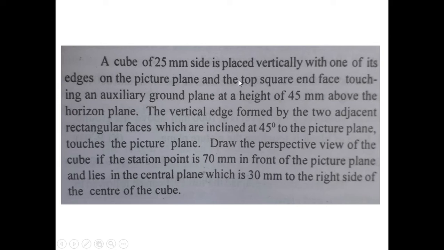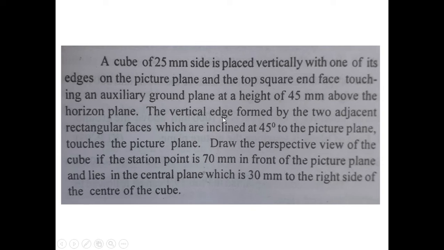Since the top face is touching the auxiliary ground plane, the object is hanging from the auxiliary ground plane downwards, and the horizon plane is 45 mm below it. That means from the horizon plane, the auxiliary ground plane is 45 mm above, and the horizon plane means the station point, the observer's eye, is 45 mm below the auxiliary ground plane.